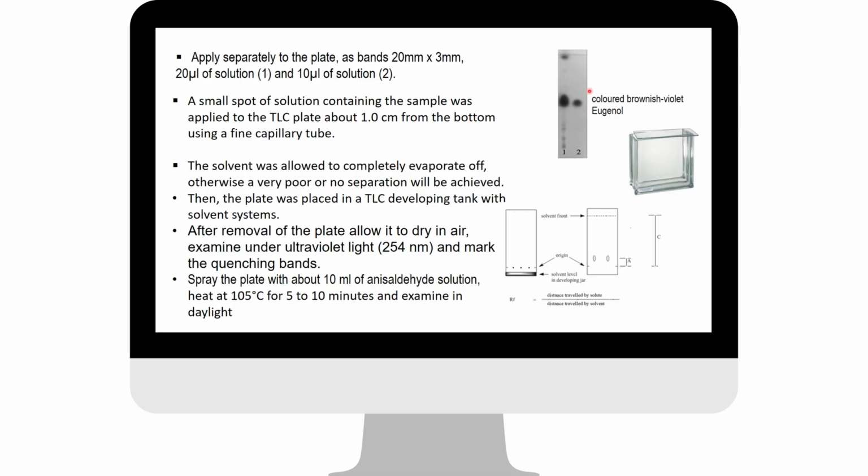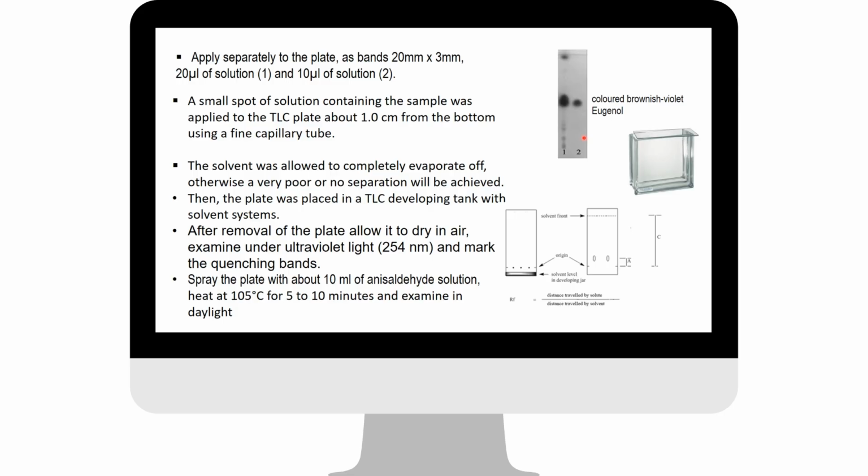This will give a more intense spot, right? Maybe in the upper part you will get a reddish violet band and in the lower part a faint red. This reagent is a very common spraying agent for most natural product secondary metabolites, and it provides very intense spots on the plate, right?